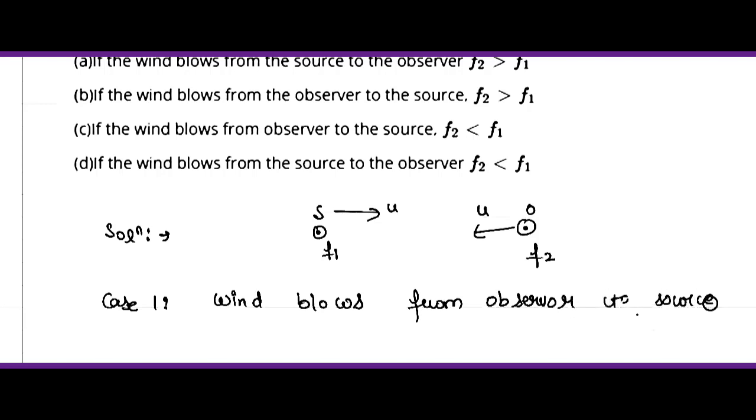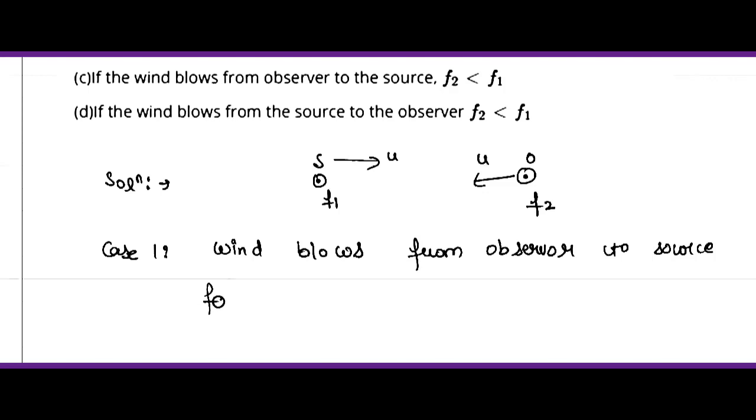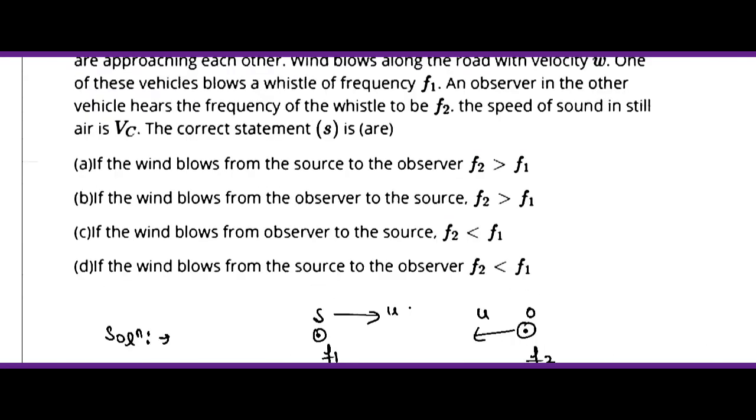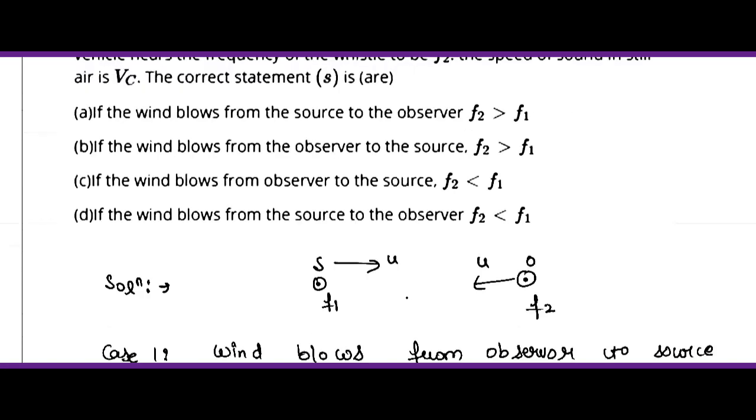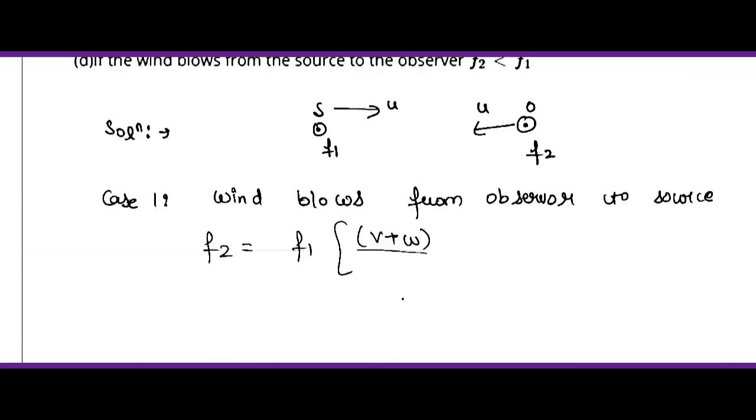So in the first case we get f2 is equal to f1, into v, where v is the sound velocity, and w is the velocity of the wind, plus u, where u is the uniform velocity of source and observer, divided by v minus w, and this is u.